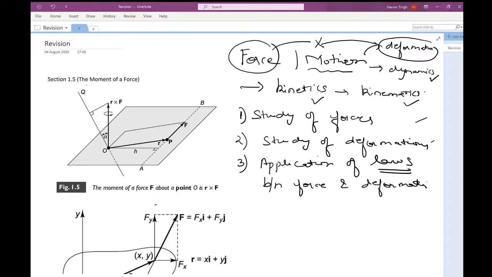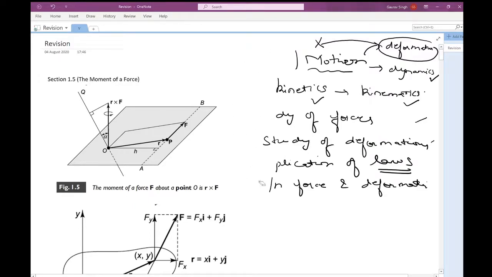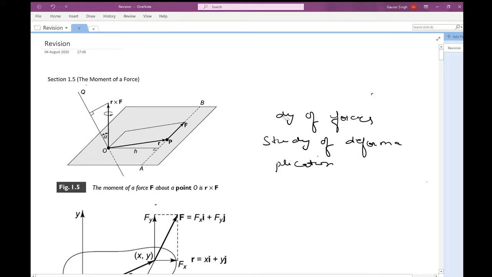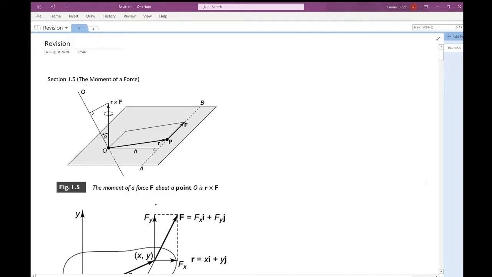Okay, so you are already aware of the concept of force, and that's why we are not discussing it in any detail as such.